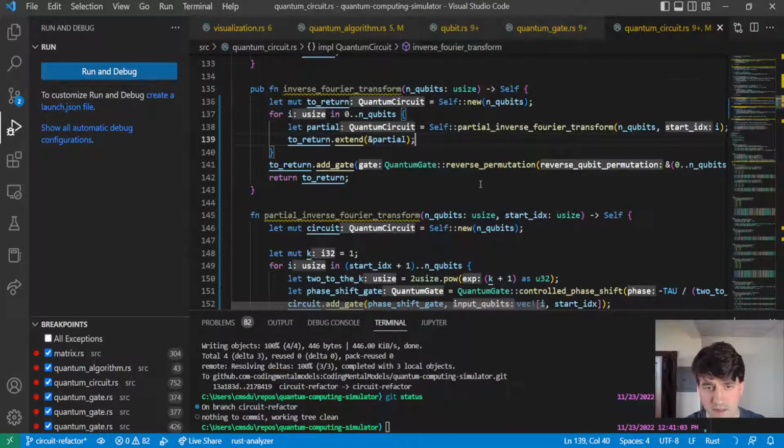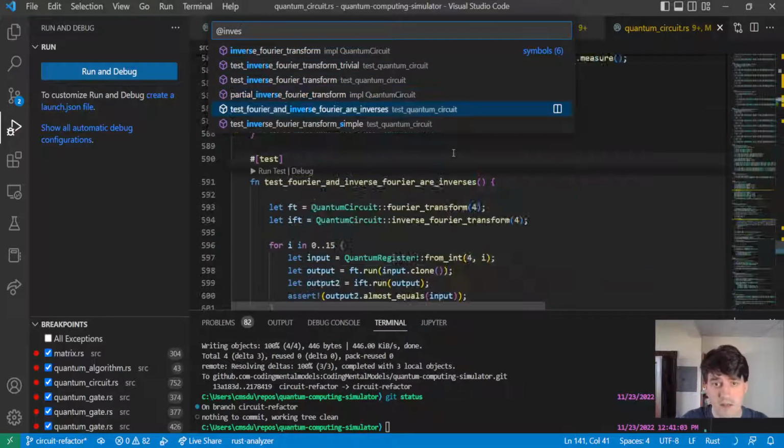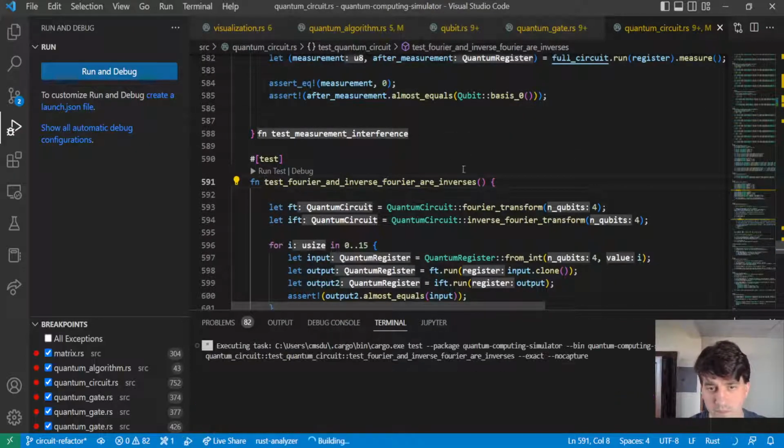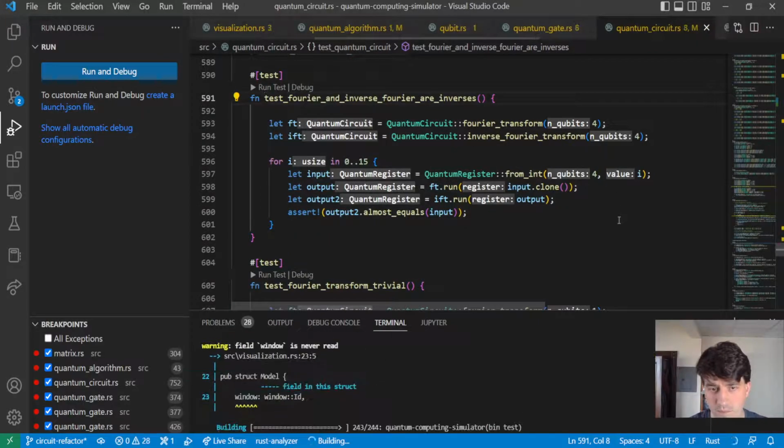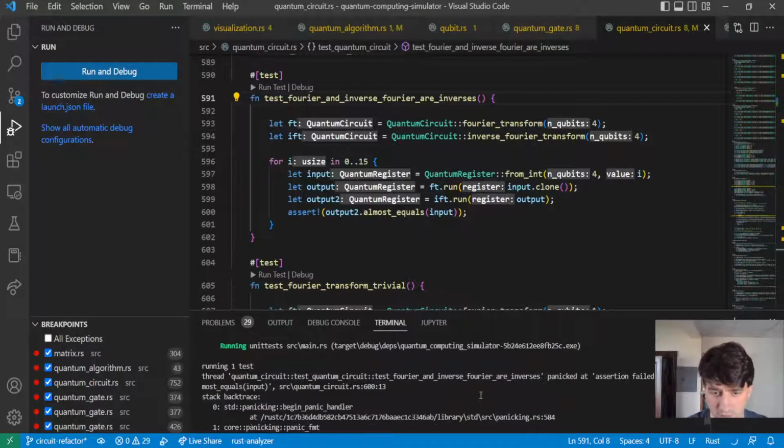But let's see if this is sufficient. I'm pretty sure it's not. Fourier transform is Fourier transform. Yeah, okay, fails.